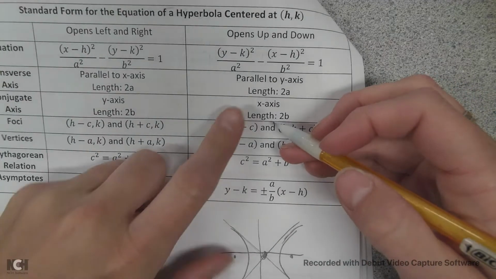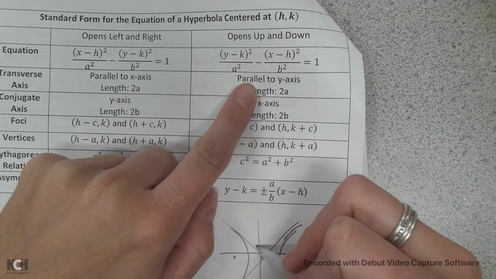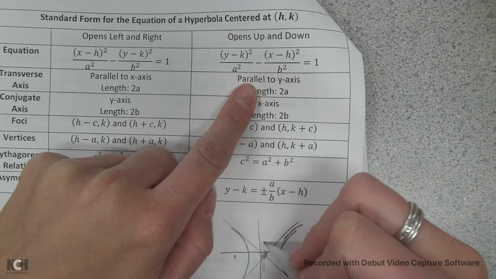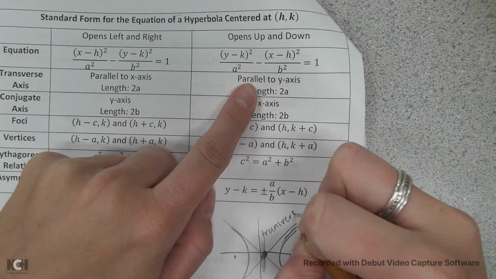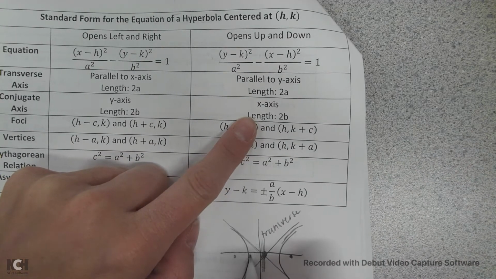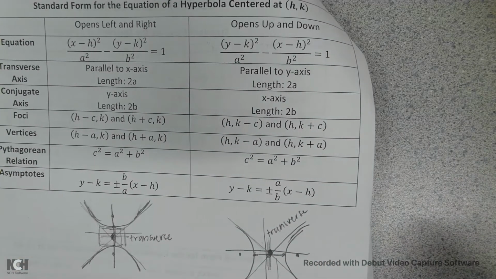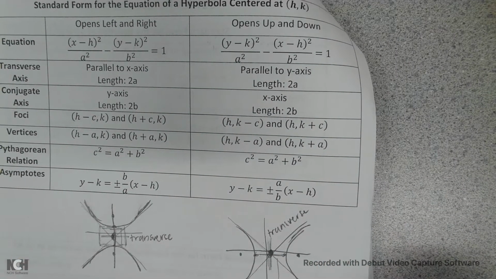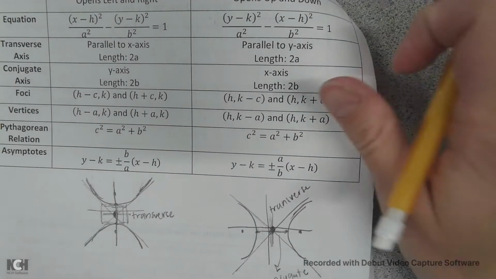So again, parallel to the y-axis, the y goes up and down, so this is the a, this little part, and this is the transverse. And parallel to the x-axis, from vertex to vertex right here, that is the conjugate.